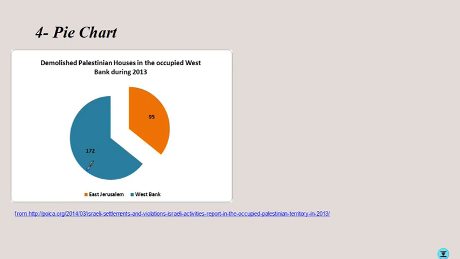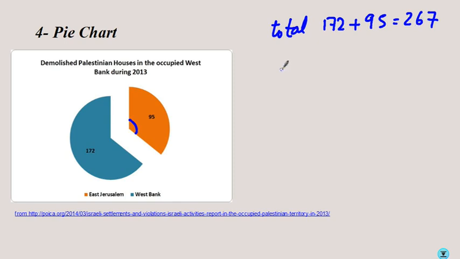In this case, the total number of houses demolished is obtained by adding 172 plus 95, which is 267 houses. If we know this total, and we know that 95 houses were demolished in East Jerusalem, we calculate the angle here by dividing 360 in the ratio of 95 to the total, which is 267.